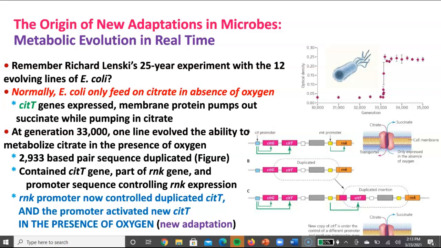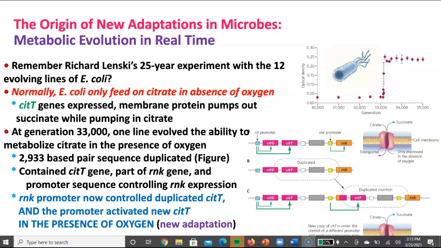They're trying to troubleshoot to see, was there some kind of contamination or whatever? But no, it was the E. coli that was doing this. The E. coli now were doing something different that they weren't doing before. The solution was super cloudy because there was such a high density of E. coli. They're able to metabolize and reproduce.